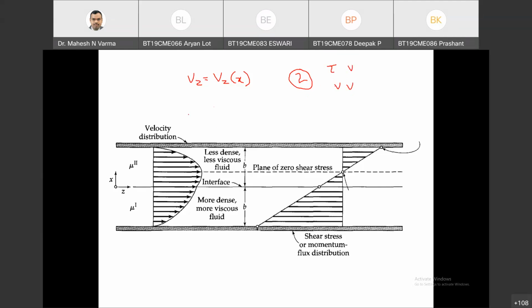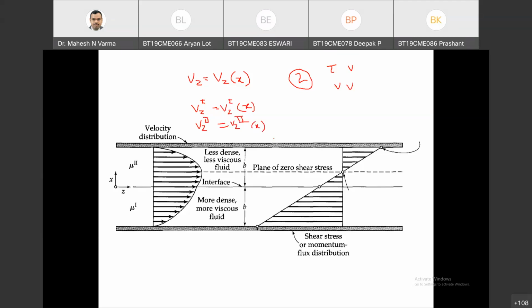Now I have two phases, so Vz for phase 1 and Vz for phase 2. These are two phase problems. Vz for phase 1 is a function of x and Vz for phase 2 is a function of x.